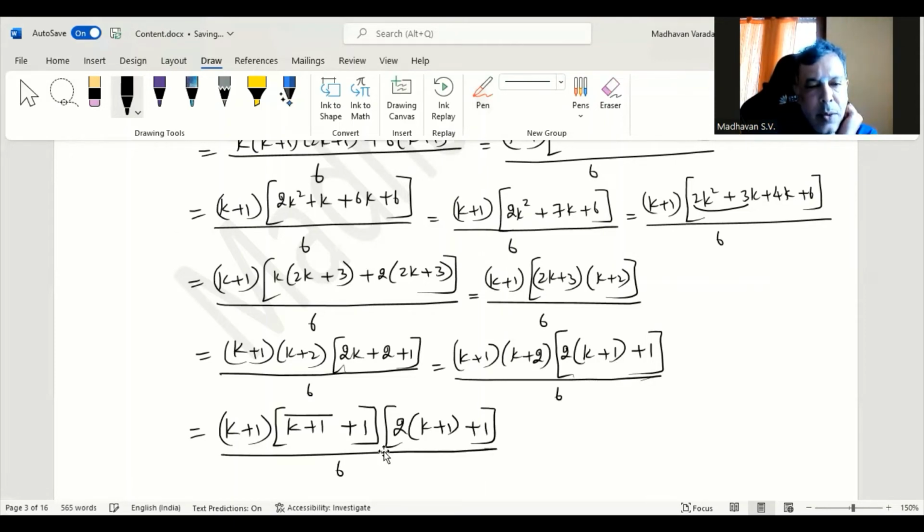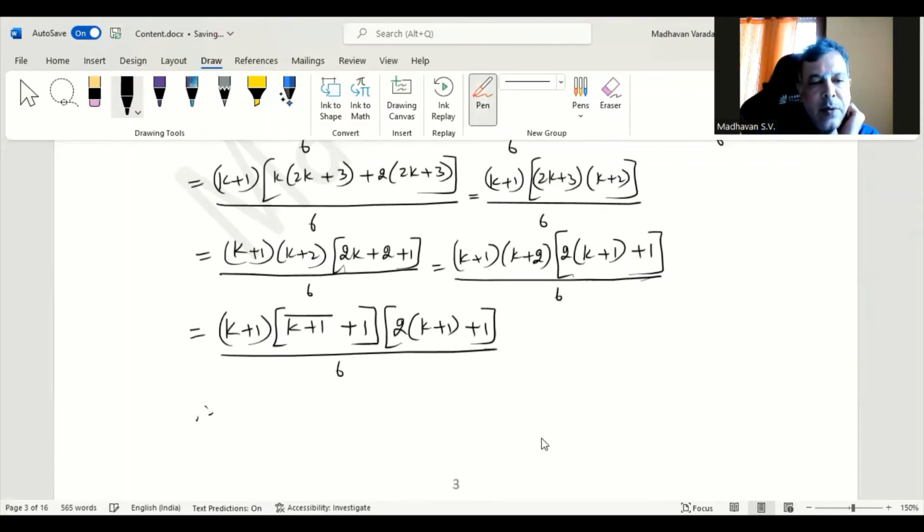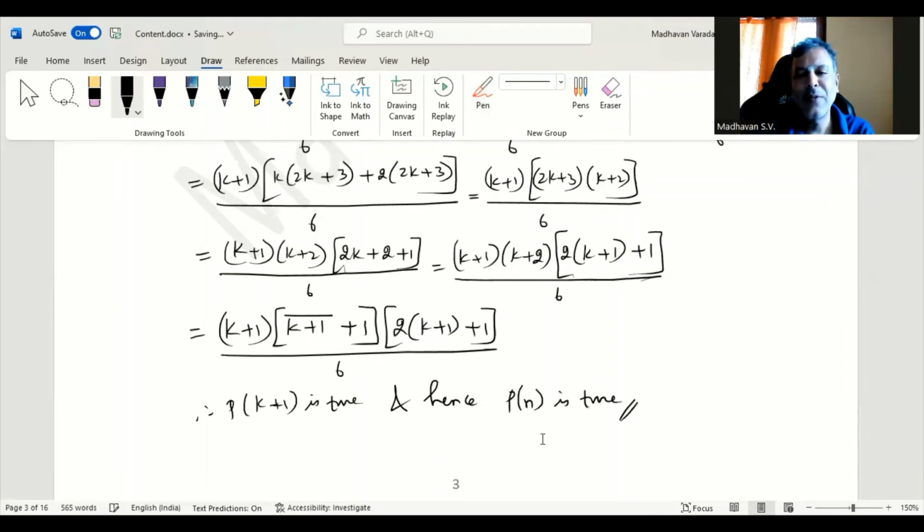So it is very similar to n into n plus 1 into 2n plus 1 divided by 6. So we can conclude that therefore p of k plus 1 is true, and hence we can conclude p of n is true. So that way we can prove this particular statement.